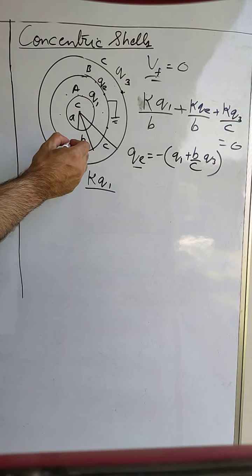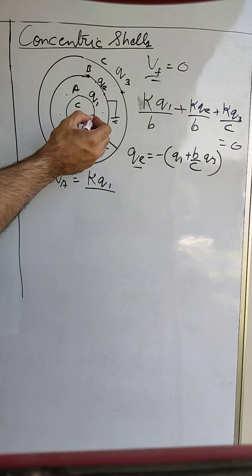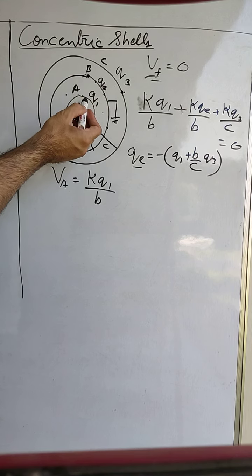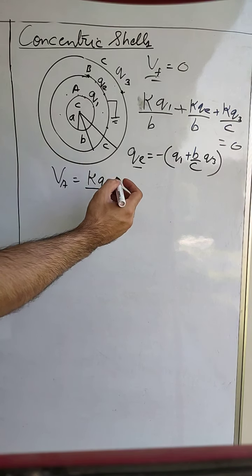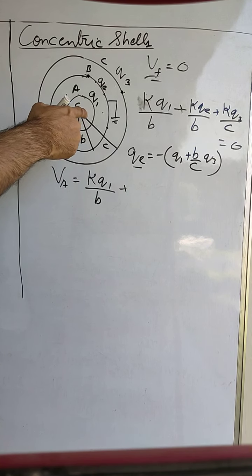The distance will not be this radius. Because this is inside shell B, whatever is the potential on shell B, it will have the same potential at every point. So if we write the distance as B, then this potential will be the same as the potential for A. So this is because of its own charge Q1.